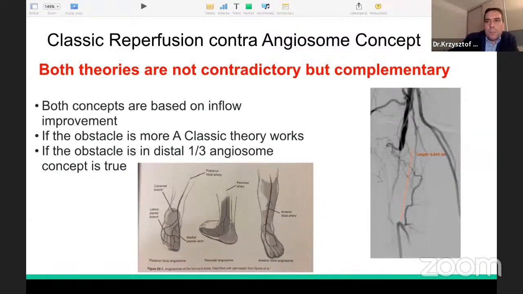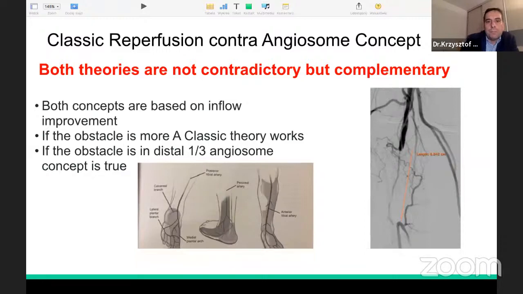Or for example, in the popliteal artery, or in the tibioperoneal trunk, and we have multiple lesions down. If we have disseminated lesions at the distal part, like maybe the distal half of the calf, in that case, the angiosome theory seems to be more efficient, I think.